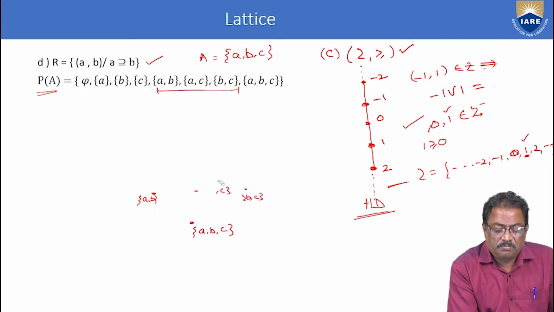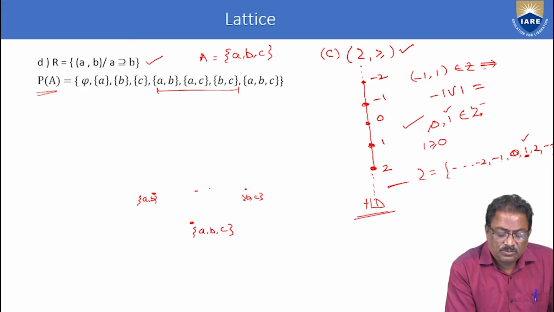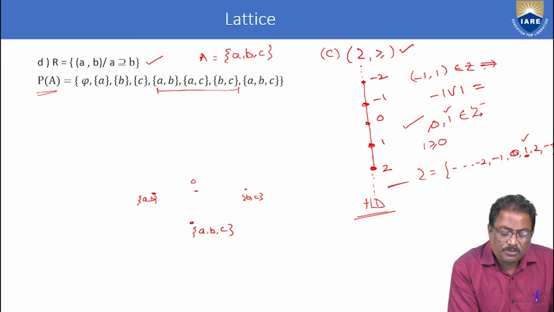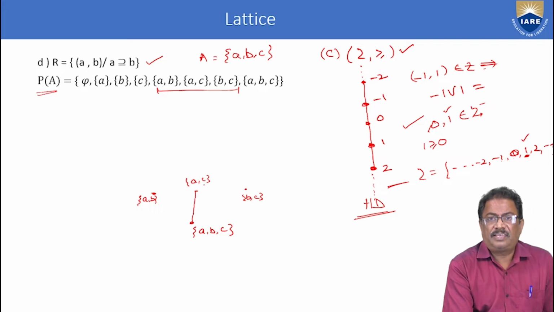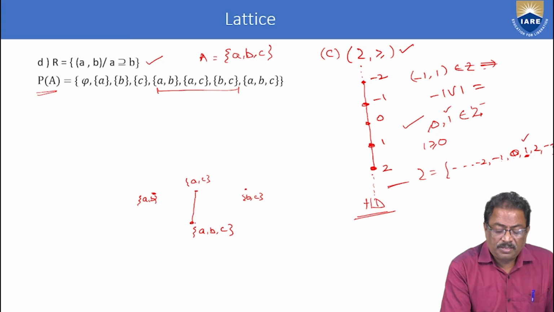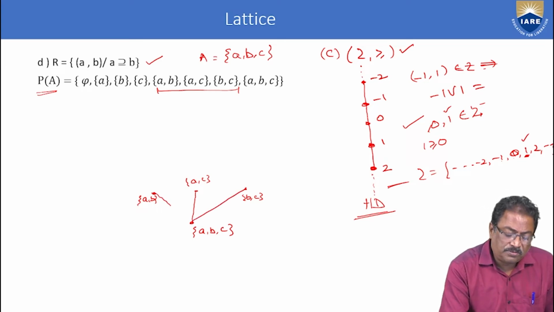So observe this. This is AC. Now AC is a subset of this. Of course, ABC is a superset of AC, and this is a superset of this, and this is a superset of this.